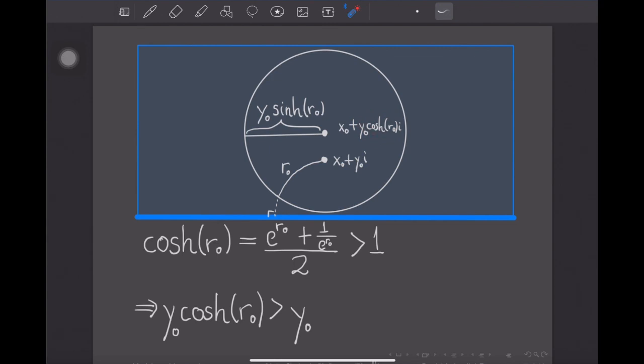It depends on how big the hyperbolic radius you want. The bigger it is, the bigger this becomes, and so the bigger this difference becomes, because hyperbolic cosine is increasing on the positive real numbers. And then here you can see the relation between the radii.